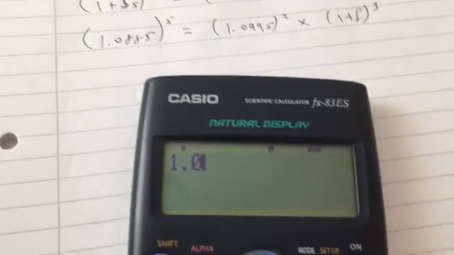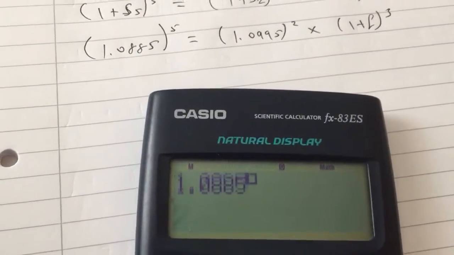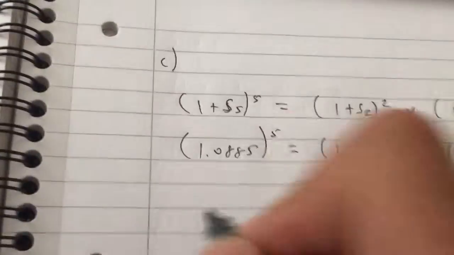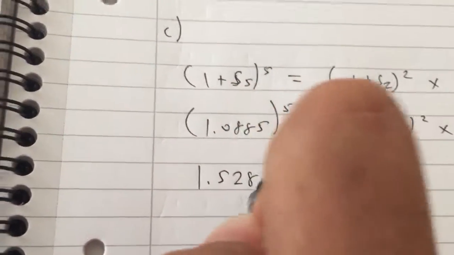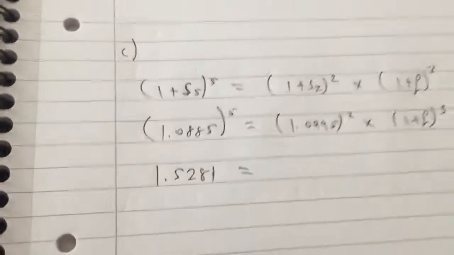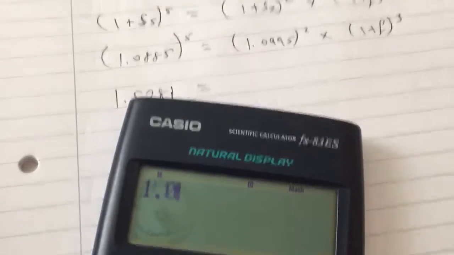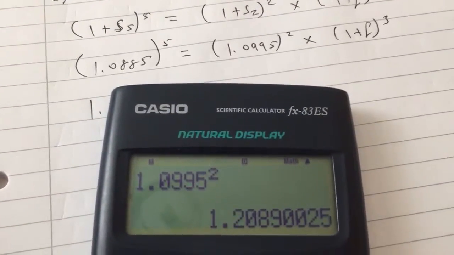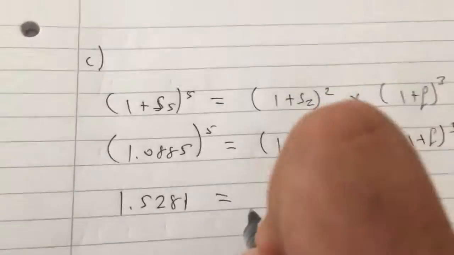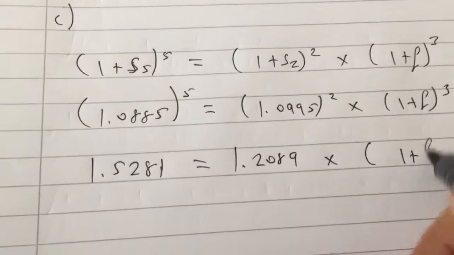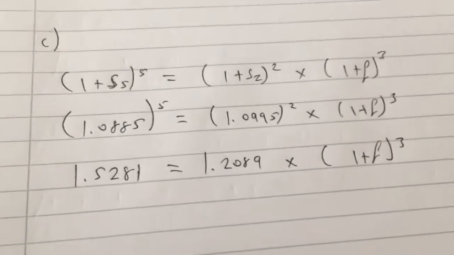In the calculator, 1.0885 to the power of 5 equals 1.5281, and 1.0995 squared equals 1.2089. So 1.5281 equals 1.2089 multiplied by 1 plus F to the power of 3.